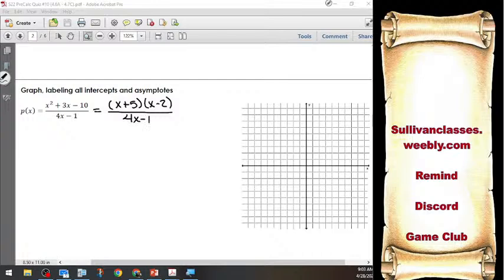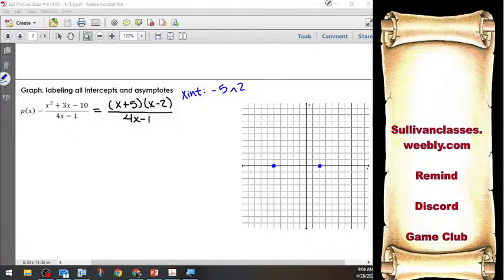Do you remember what all the parts of the rational function do to the graph? Zeros of the numerator get me x-intercepts. So -5 and 2. So I'm going to go over here. 1, 2, 3, 4, 5. 1, 2.